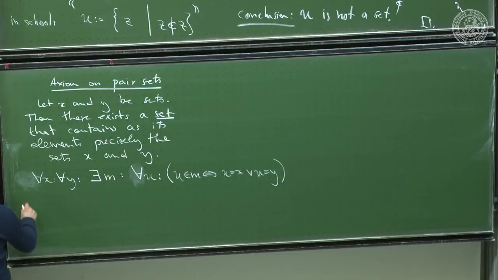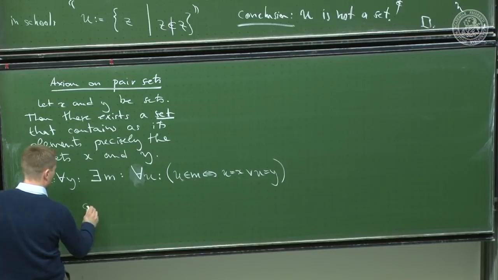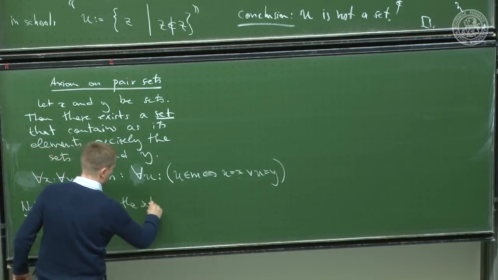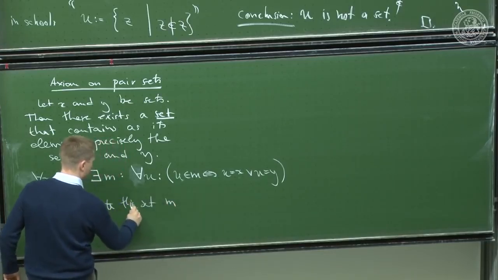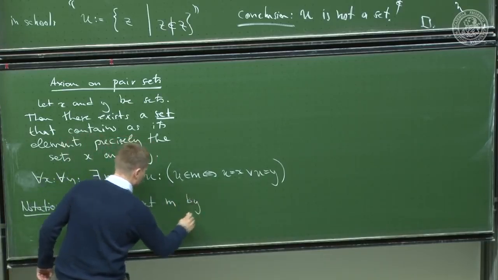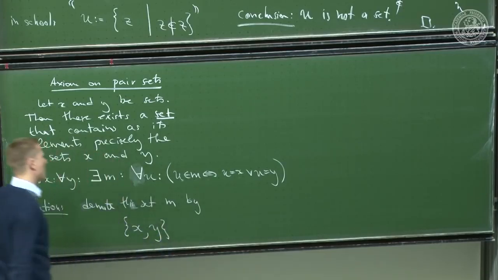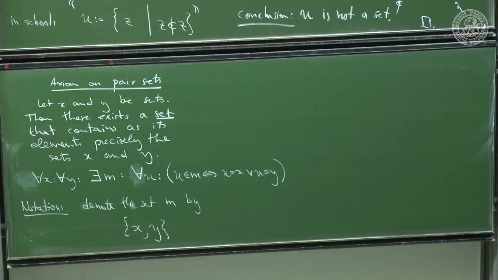The usual notation for this is to denote the set M by the elementary school thing: the set with the elements x and y is denoted by open bracket, x, comma, next element, close the bracket, full stop.